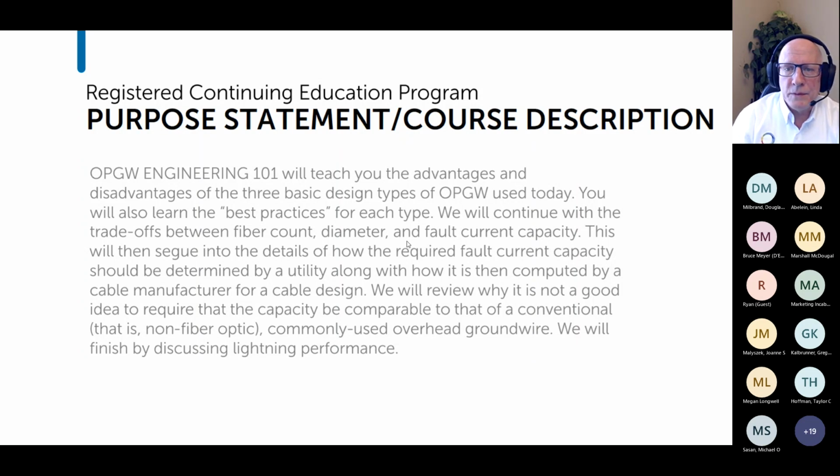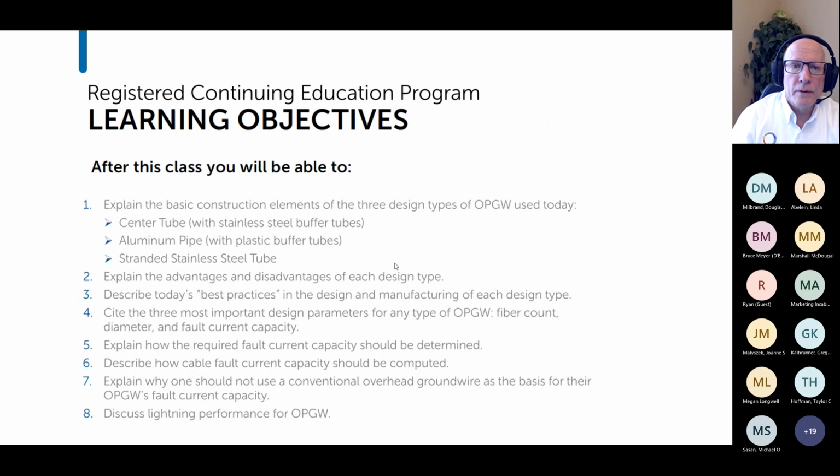We'll then look at some details about how you calculate fault current capacity, and then how it's computed by a cable manufacturer. And then we'll finish by touching on some basics of lightning performance.